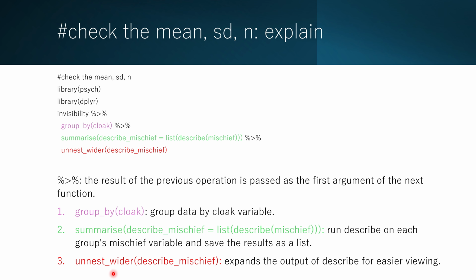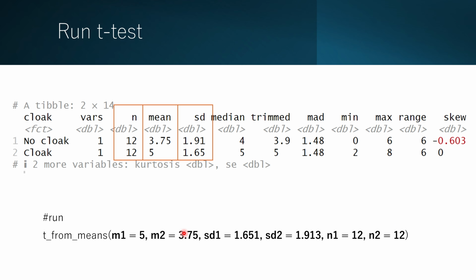And finally, unnest_wider expands the result from the describe function so we can see it clearly in the table. Okay, we can see this one. Here is the output table from the describe command. We can see the two groups, no clock and clock.